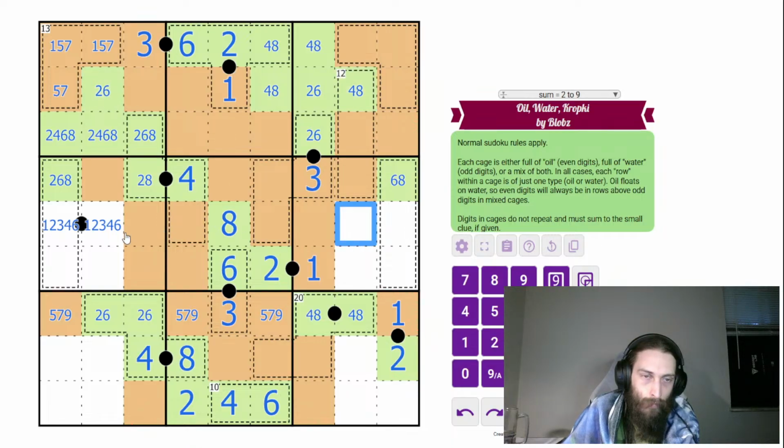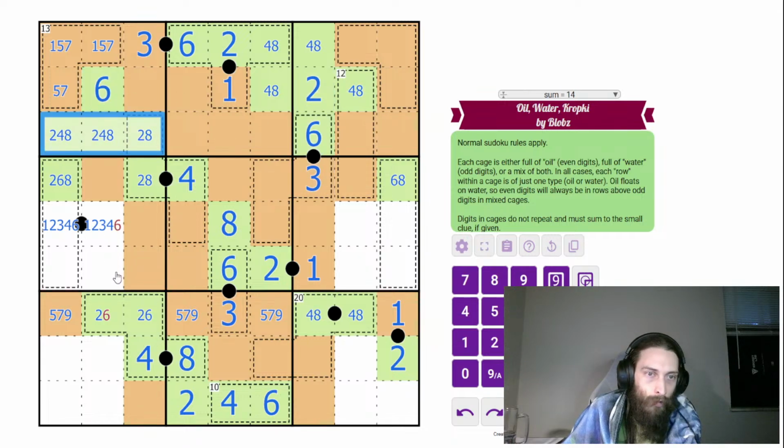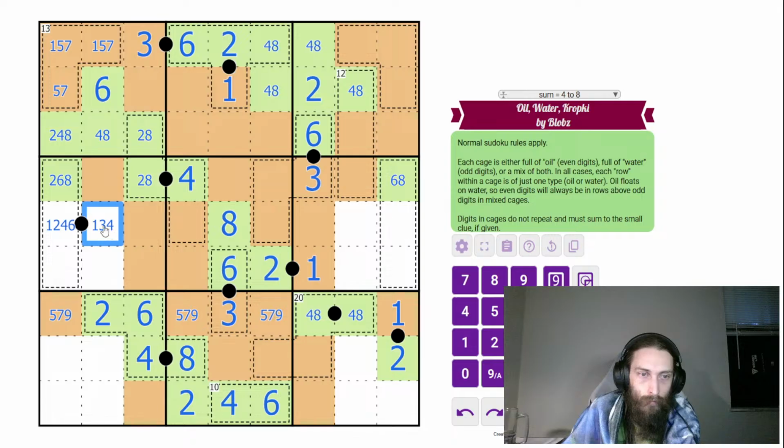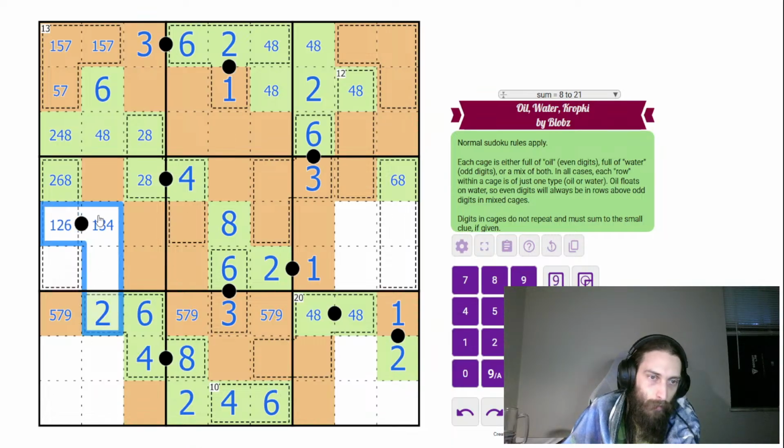Kropke dot with the 3. That 2 pair fixes this thing down here. So 2, 6, 3. The Kropke dot in box 4 can't have a 4 on the left, because 2 and 8 are out. This can't be a 1, and it can't have a 2 on the left.